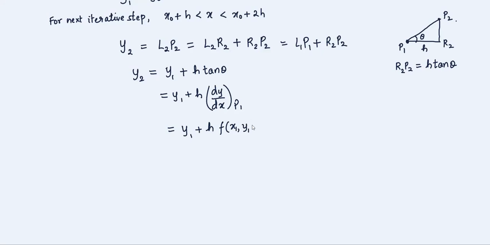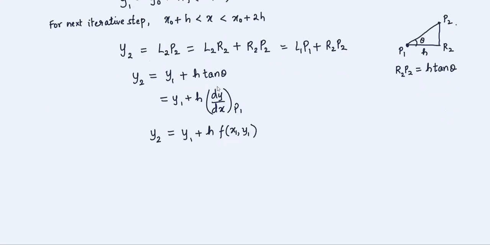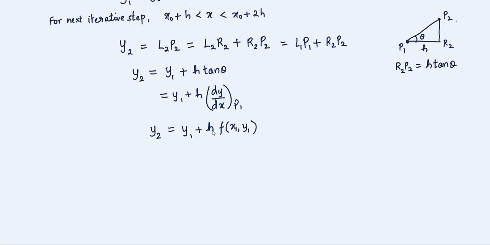So at P1 you will get f of x1 comma y1, and this is y2. Look at the y1 step: Y1 is y0 plus h times f of x0 y0. Y2 is y1 plus h times f of x1 comma y1.